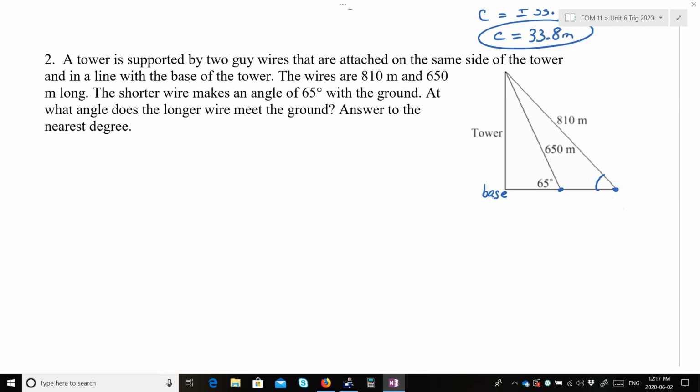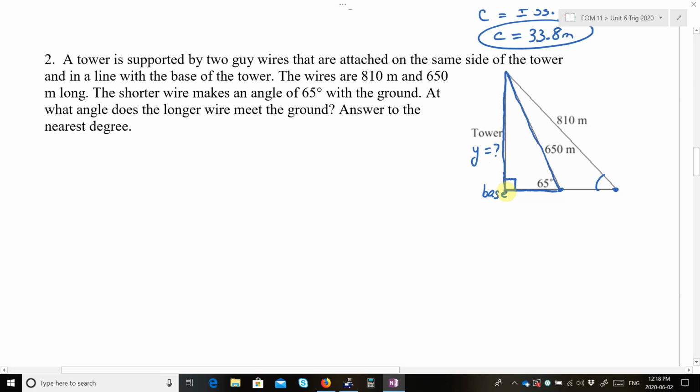Okay, so what we're going to have to assume is that this is a 90-degree angle right here. All right, and so I think what the plan of attack is here, guys, is we're going to use this first 90-degree triangle to get the height of the tower, which is y.